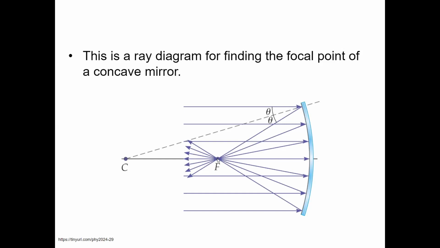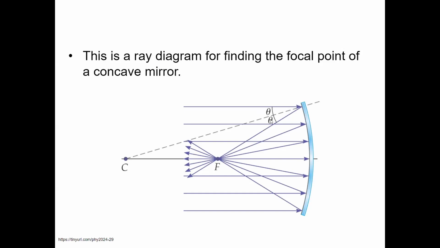Usually, the radius of curvature will be very large, so the whole length of the mirror compared to the radius of curvature is small. Then this angle theta will be a very small angle. From the center of curvature to the focal point, the distance is equal to the distance from the focal point to the mirror, according to the geometry.